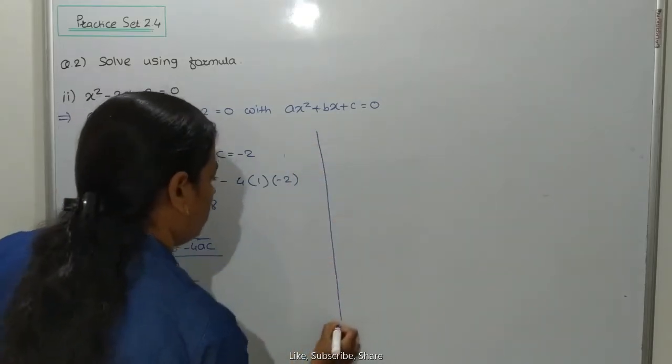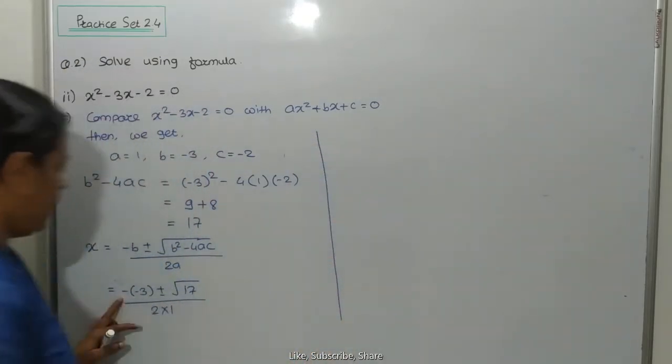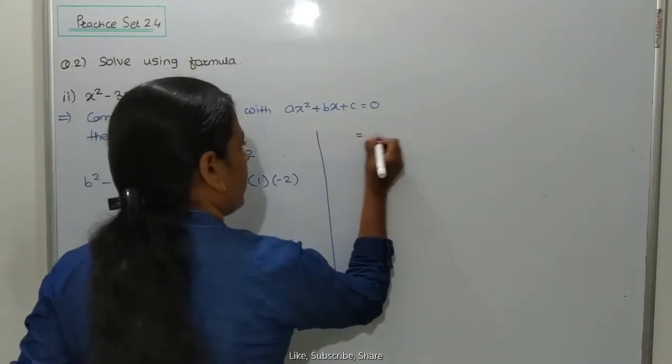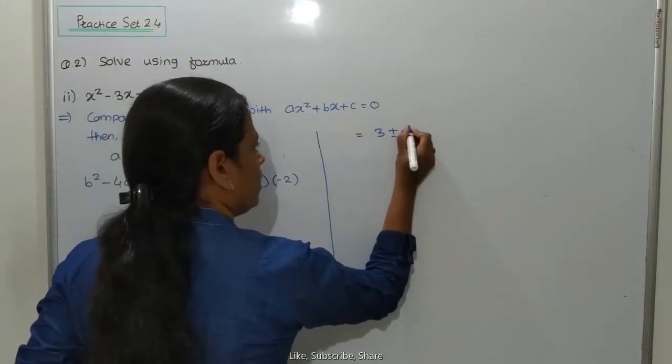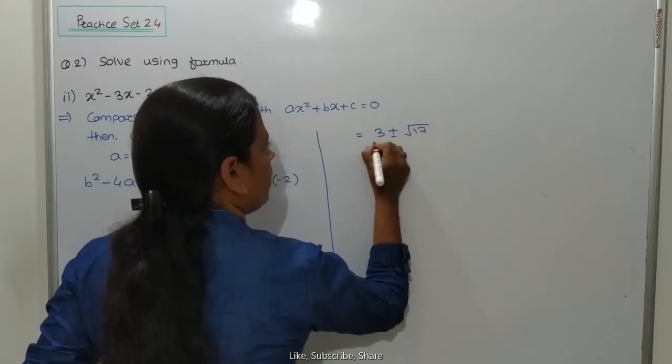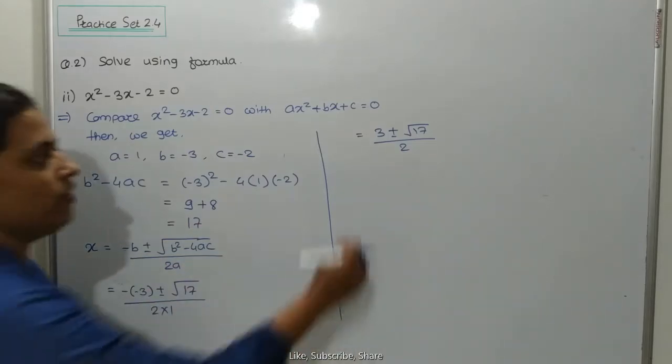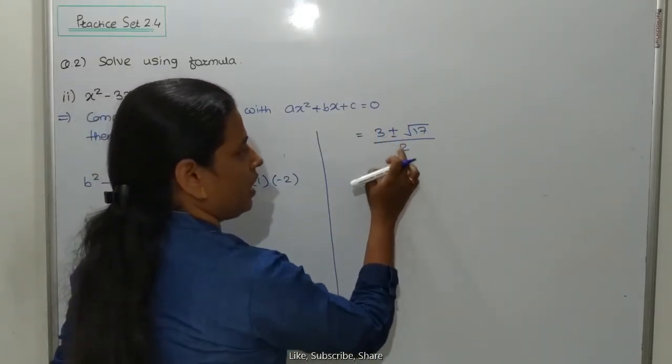Now minus and minus, they are plus. So we have to write here 3 plus minus root 17 upon 2. Okay, 2 into 1, that is 2. So one value is in plus and one value is in minus.